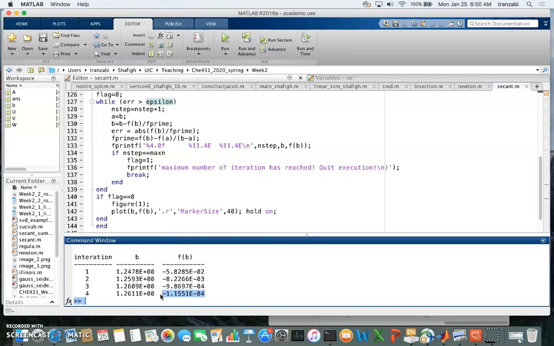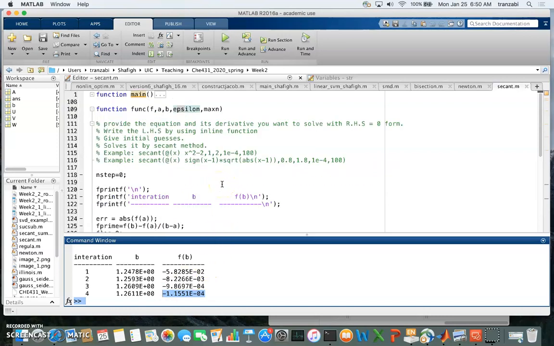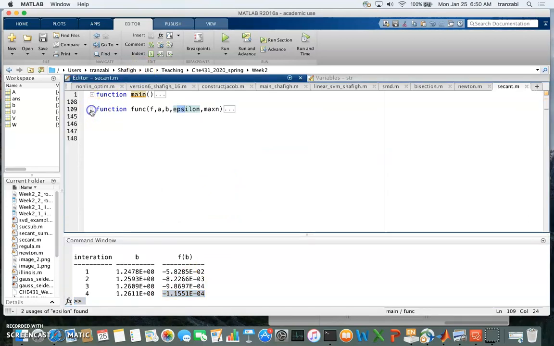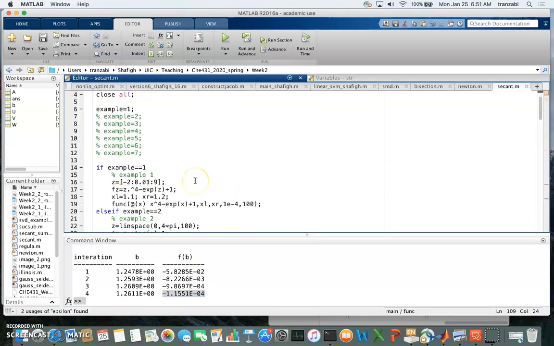Well, in this case, you would ask why it converged with fewer steps, because we put a lower threshold here. I think the threshold was not 10 to the minus 4. We see, actually it is 10 to the minus 4, but yeah, maybe this is just luck. I mean, commonly secant method is not as good as Newton method.